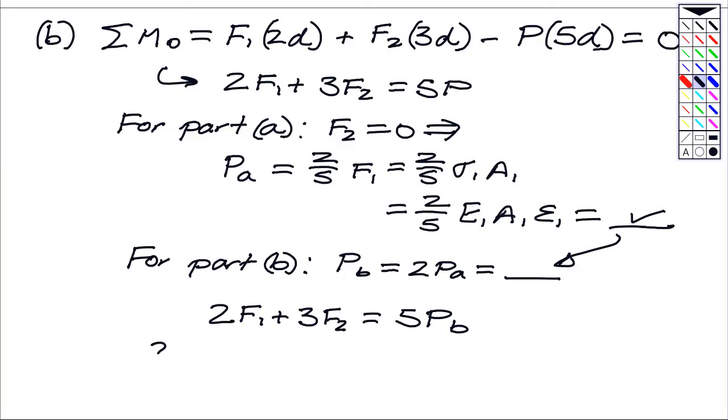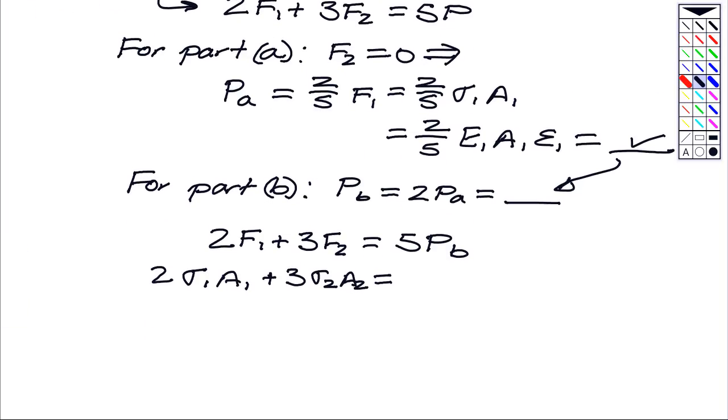So I put in F1 is equal to sigma 1 A1. I put in sigma 2 A2 for F2. And then for sigma 1, we know that's E1 epsilon 1, so this becomes 2 E1 A1 epsilon 1 plus 3 E2 A2 epsilon 2.